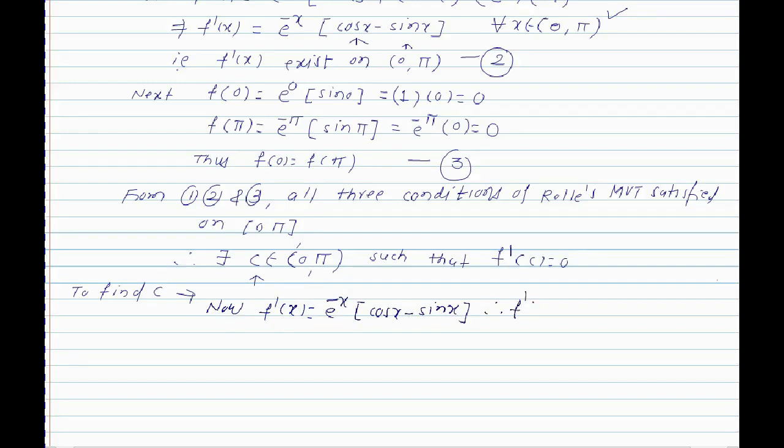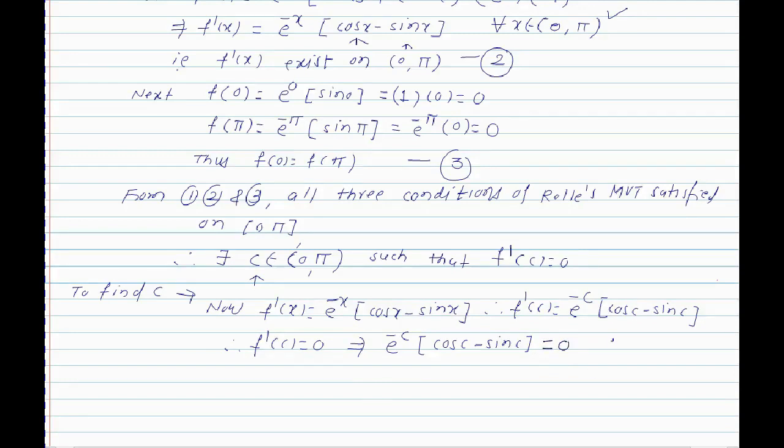Therefore f dash c is e to the power minus c into cos c minus sin c, and therefore f dash c equal to 0 implies that e to the power minus c into cos of c minus sin of c, this product is 0.